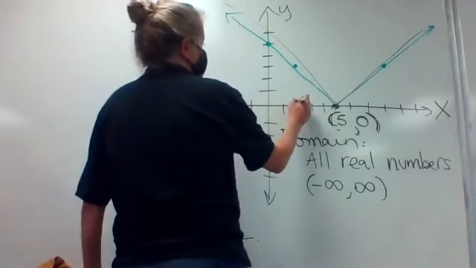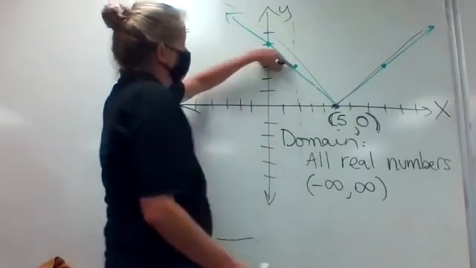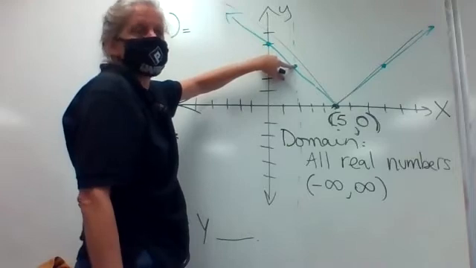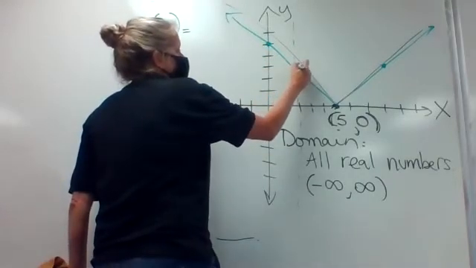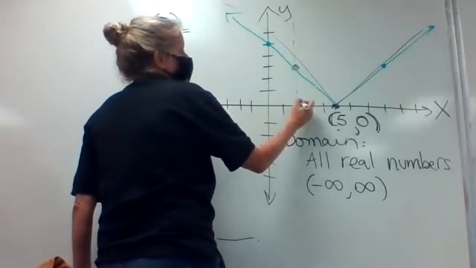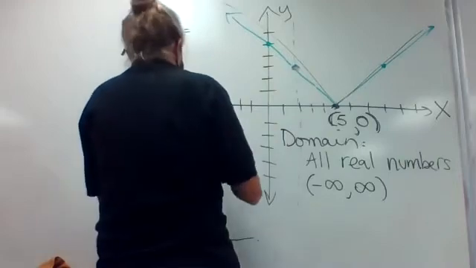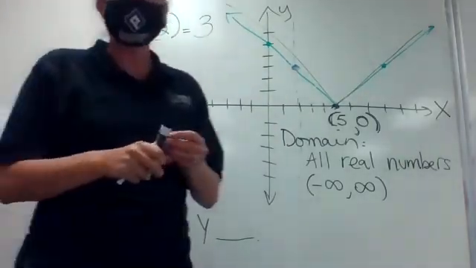So if x is 2 here, anything that lines up on the graph with the x being 2 is what you want to be included. That's why I put that point there. That was looking ahead. So if this is where x is 2, that's the point that's going to the right 2. It's also up 3. So what is the y at that point? 3. So f of 2 is 3.